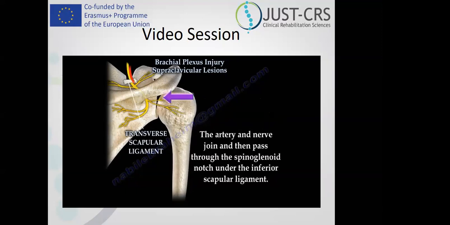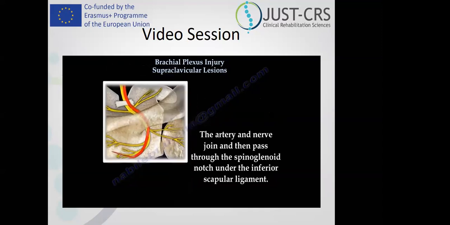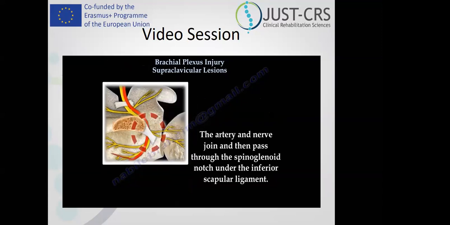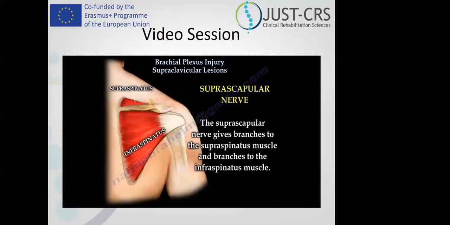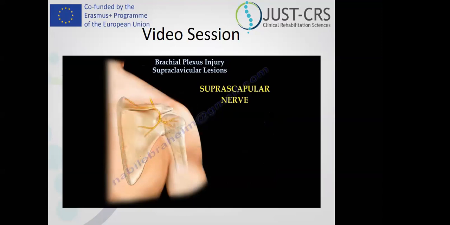The artery and nerve join and pass the spinoglenoid notch under the inferior scapular ligament. The suprascapular nerve gives branches to the supraspinatus and the infraspinatus muscles.